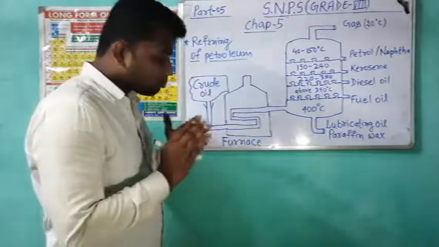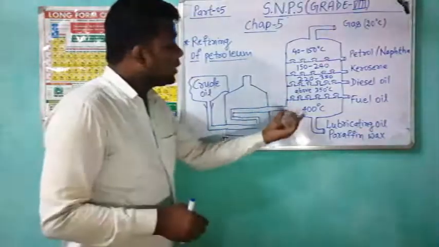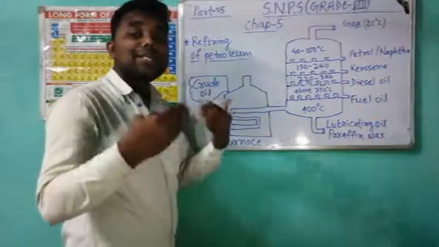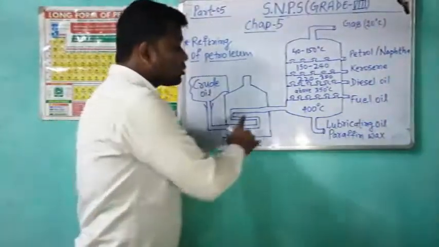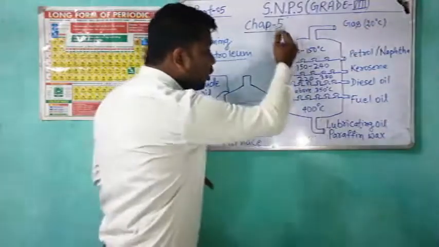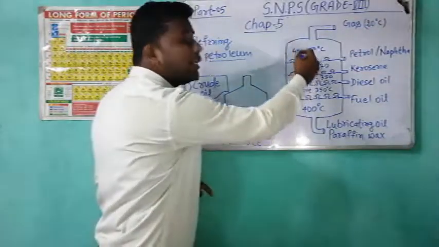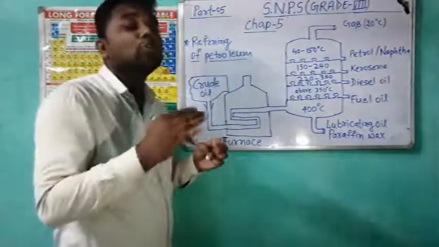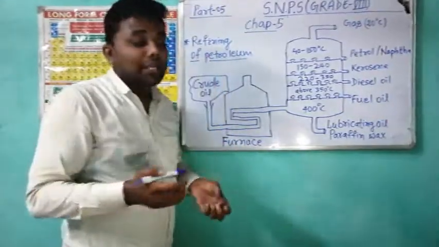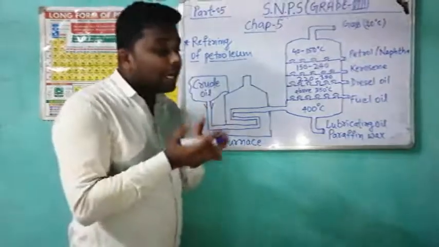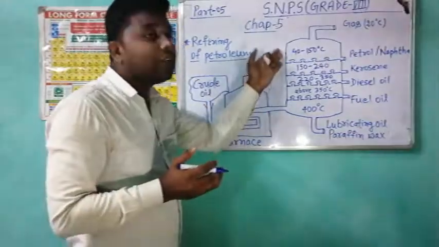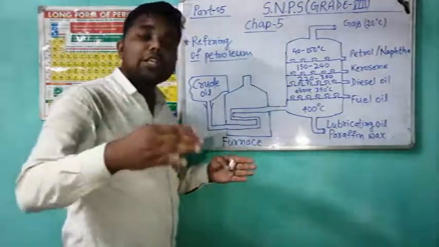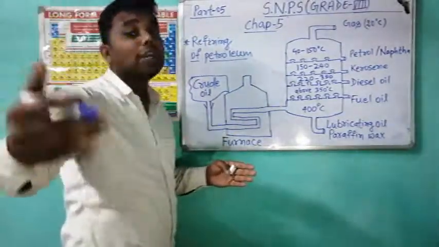When we heat the crude oil, it vaporizes and goes into this column, and at different trays it condenses at different temperatures, because its components have their own different boiling points.